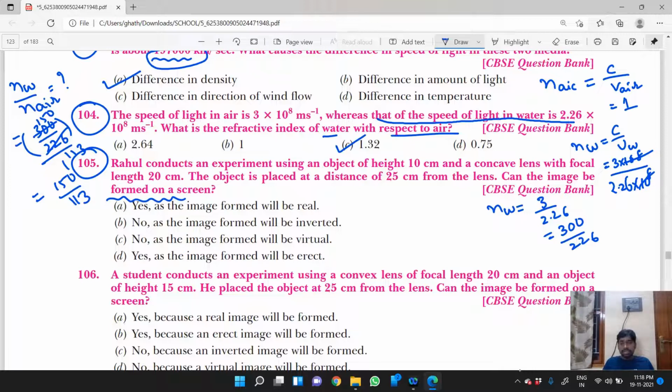It is a concave lens. Whatever the height of the object, whatever the distance, and whatever the focal length, a concave lens always forms a virtual and diminished image. So it will not form on the screen. So we have to choose no. Image formed will be virtual. Don't feel this is a numerical. It is a 100% theoretical and conceptual question.